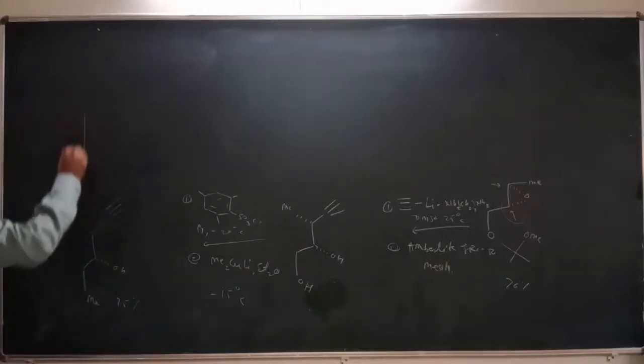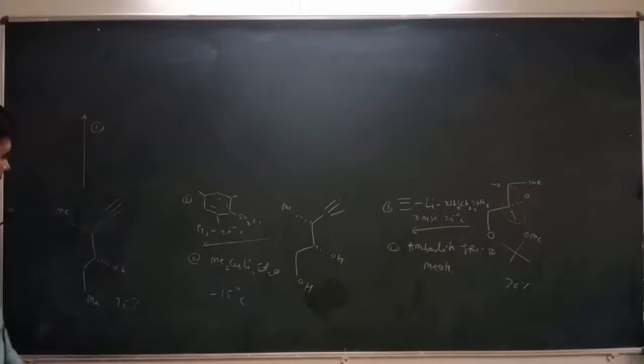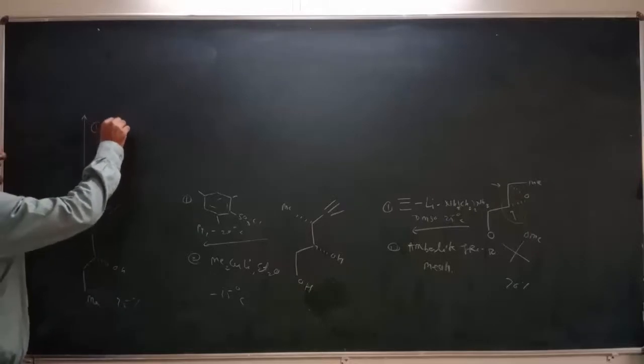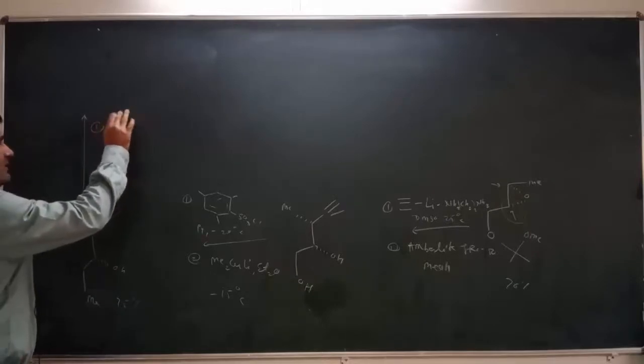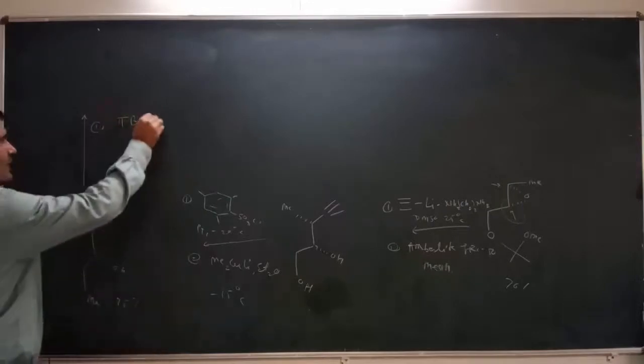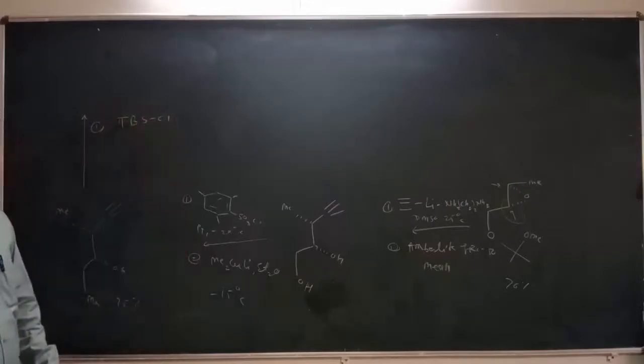Then in a further step, we can treat this compound. That means there is an alcohol, and therefore we have to protect this alcohol by using tertiary butyl silyl chloride. So that is the TBS group.